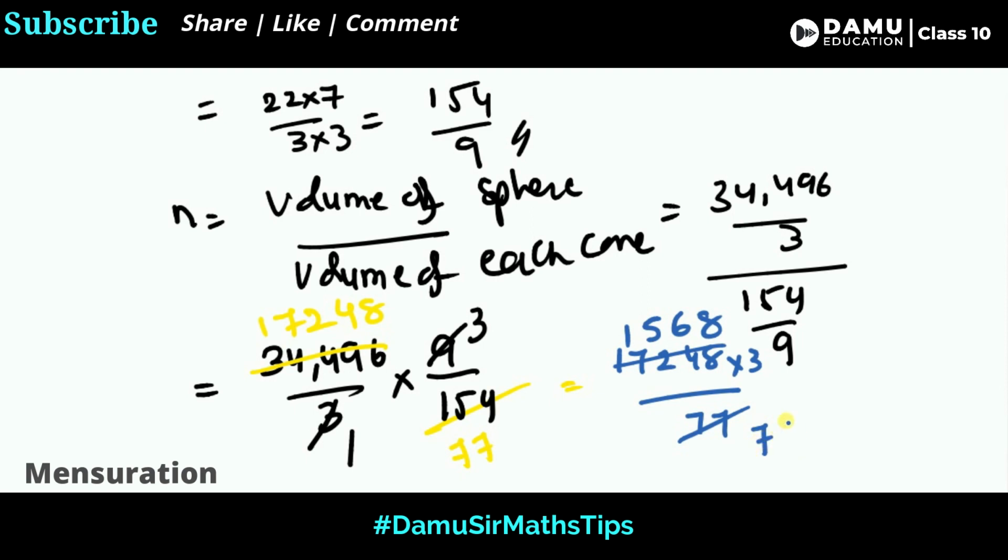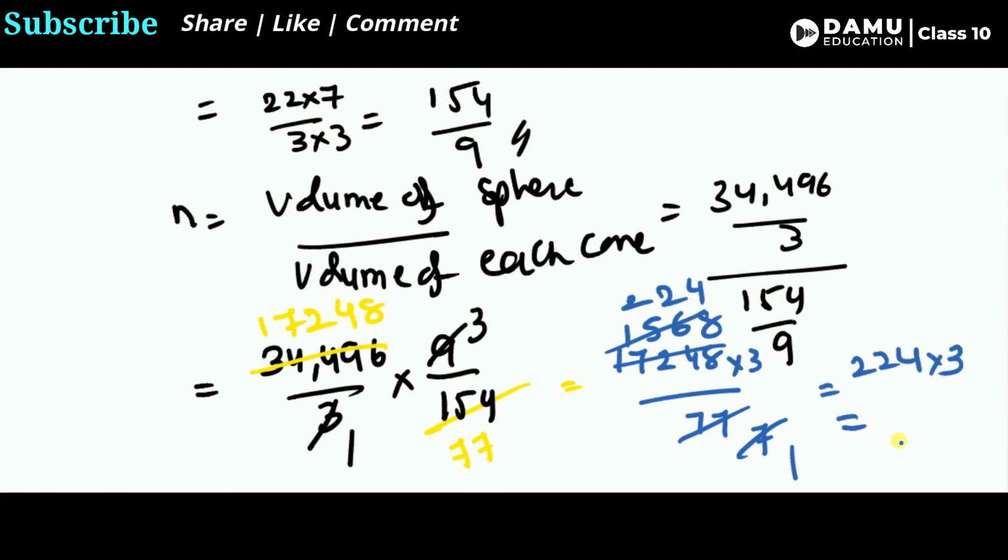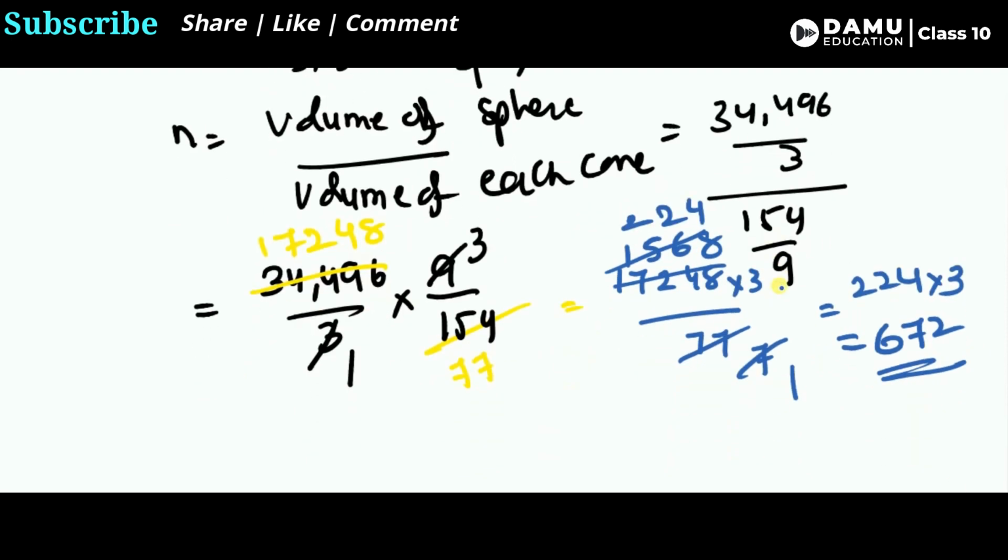Yes, you can cancel. 7 twos are 14, 7 twos are 14, 7 fours are 28. So 224 into 3 is 672. So what is the answer? The number of cones will be equal to 672.